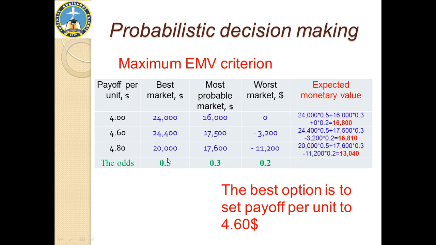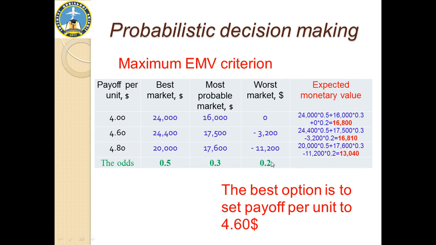We multiply this payoff for the most probable market conditions by its probability, which is 0.3 in our case, plus the payoff for the worst market condition, which is 0, times the probability of this state of nature, 0.2, and sum these products.